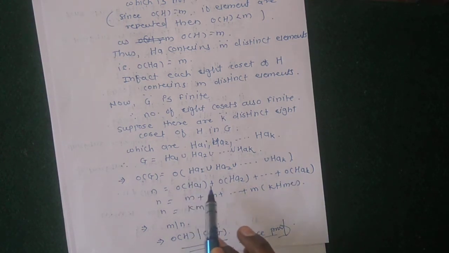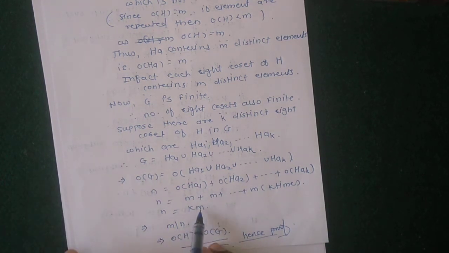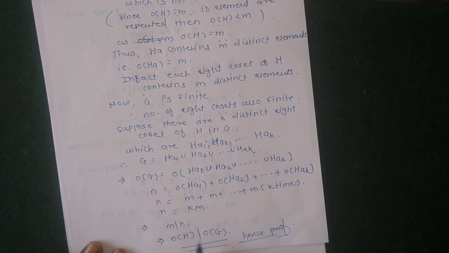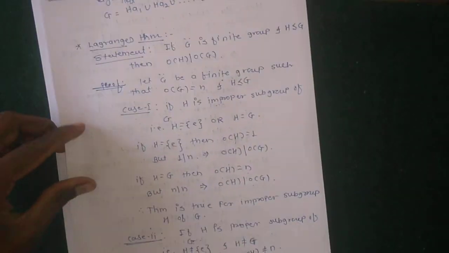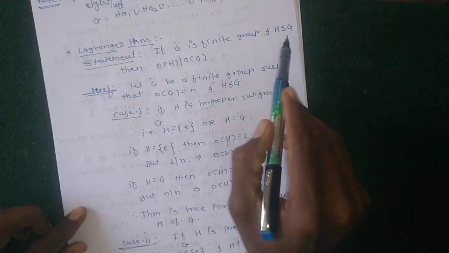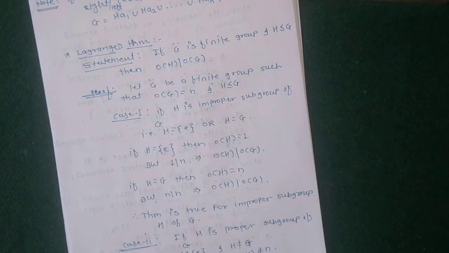Each right coset has order m, because all these right cosets contain m distinct elements. That gives m plus m up to k times, meaning km, and by the definition of divisibility, m divides n. Here m is the order of H and n is the order of G. So the statement is true: if G is a finite group and H is a subgroup of G, then the order of H divides the order of G.